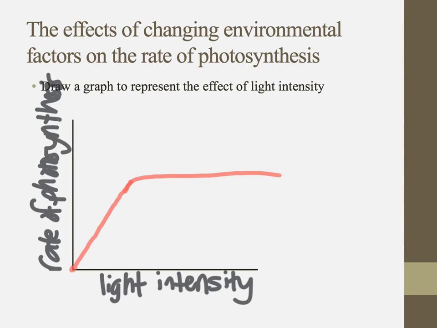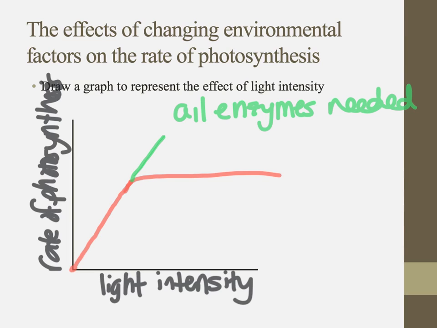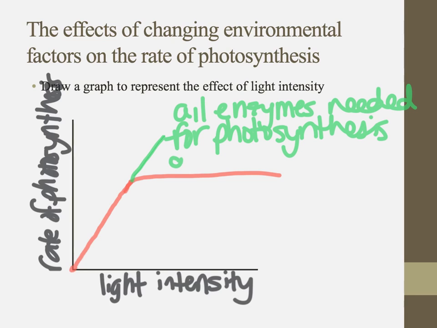So again, up in here, more light energy means more photolysis, and some other things which we'll get into if you're lucky enough to be into higher level, but we see a general increase here, and then we see a point at which all of the enzymes needed for photosynthesis are already working at max speed.